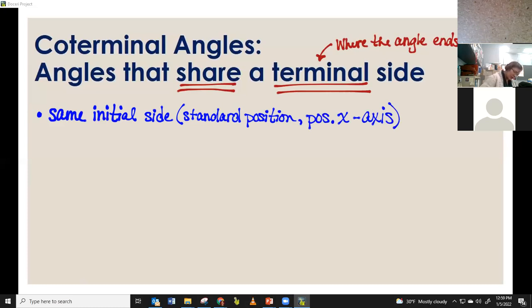When we're talking about coterminal angles, you can make multiple rotations in either direction.